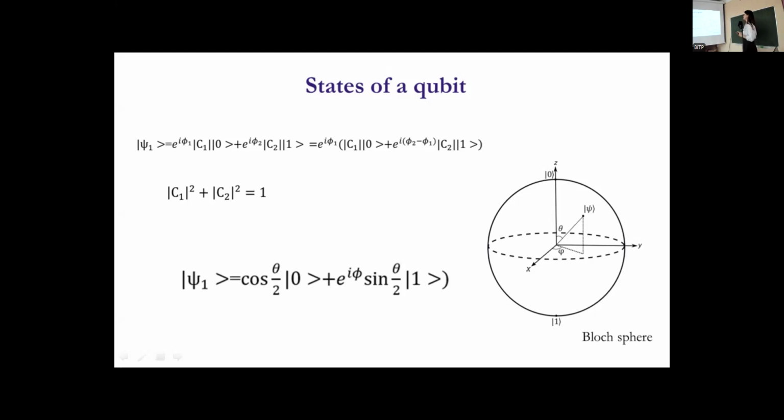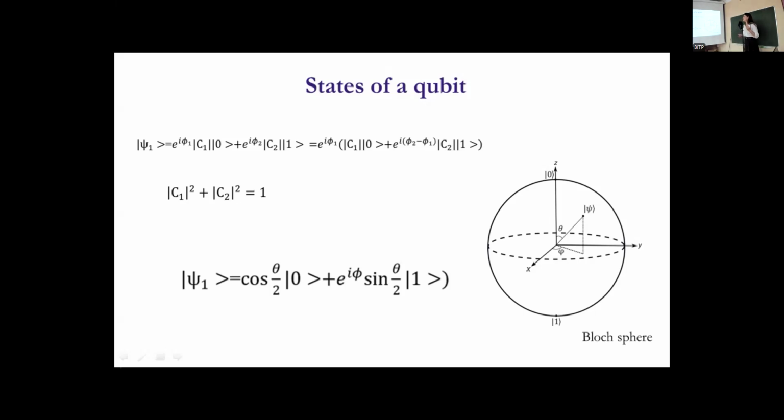The state 0 is here, and the state 1 is here, and all superpositions are in different locations on this sphere.